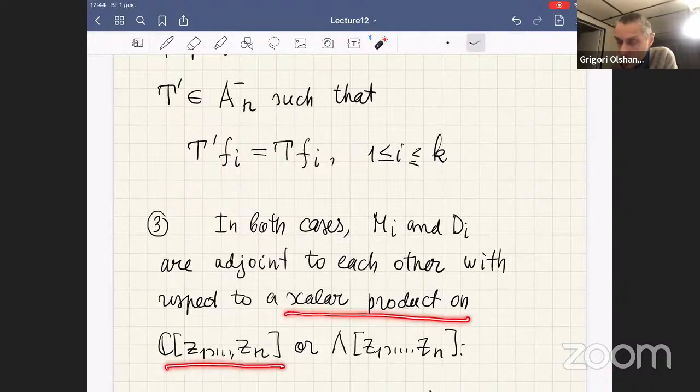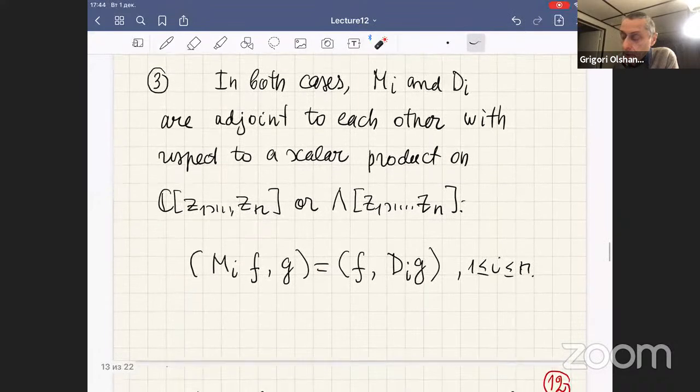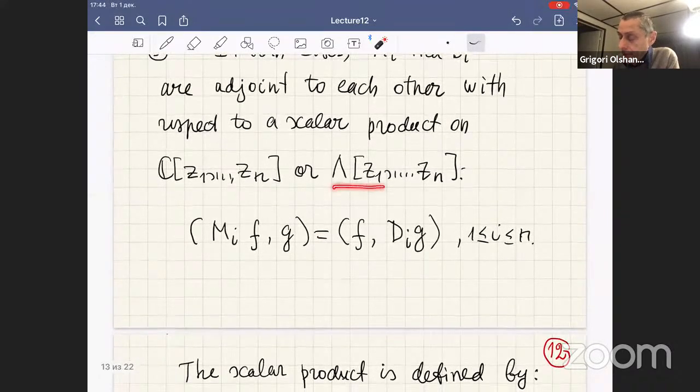So this infinite dimensional space and this finite dimensional space are equipped with a scalar product, which makes it a finite dimensional Hilbert space and an infinite dimensional pre-Hilbert space, not complete, namely there is a non-degenerate positive scalar product. And this operator is adjoint in this sense.